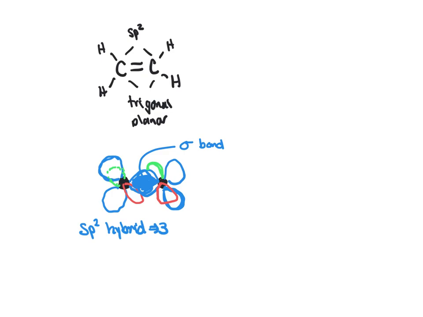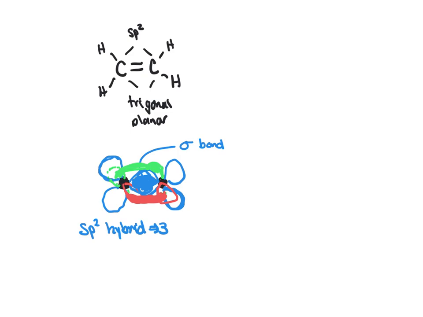But this leftover p orbital on each of the carbon atoms can overlap, but notice that it overlaps with a lobe that is above the plane and a lobe that is behind that sigma bond.